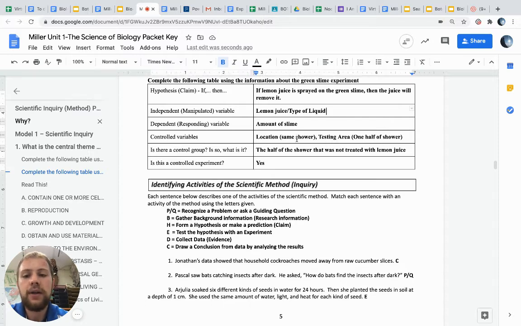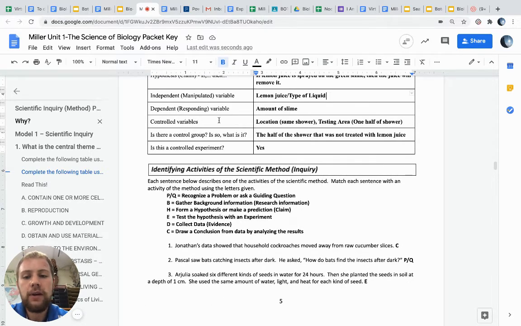All right, our controlled variables, there are things that are controlled here. The location is controlled. We didn't take one shower in one house covered in green slime, spray it with lemon juice, and one in a different house and spray it with water. No, it's the same shower, and it's also the same testing area.